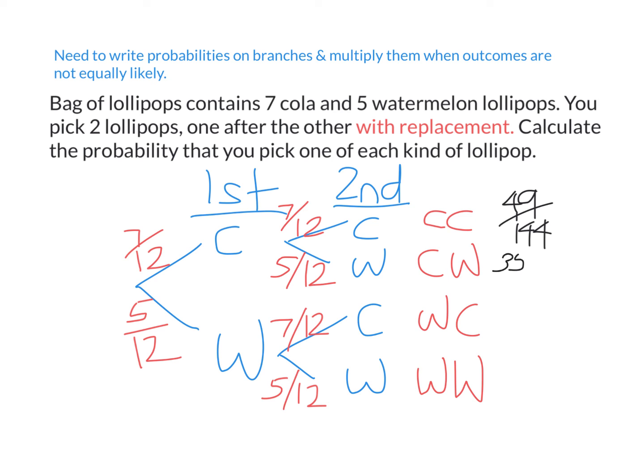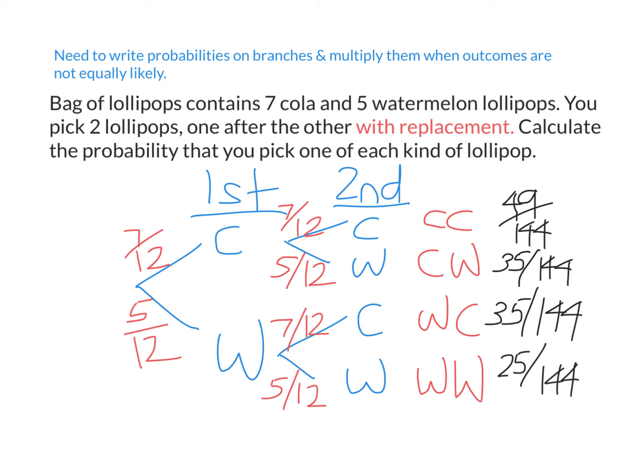We always multiply the branches in tree diagrams. Similarly, the probability of watermelon then cola is 5 over 12 times 7 over 12, and the probability of 2 watermelons is 5 over 12 times 5 over 12. These probabilities, once again, add to 1, because probabilities have to add to 1, just like percentages add to 100%. So how do I answer the question?